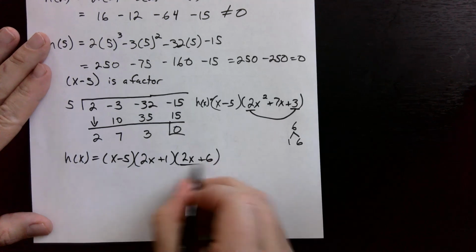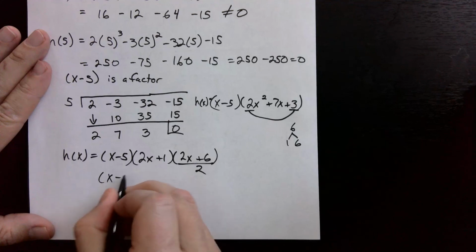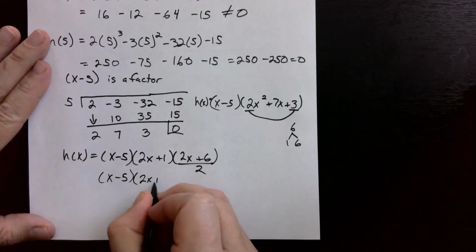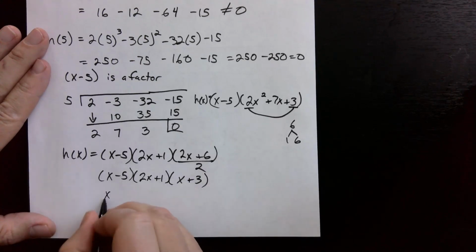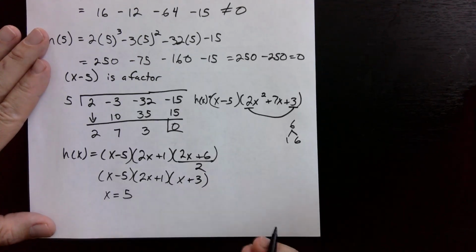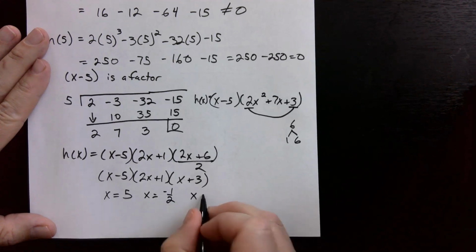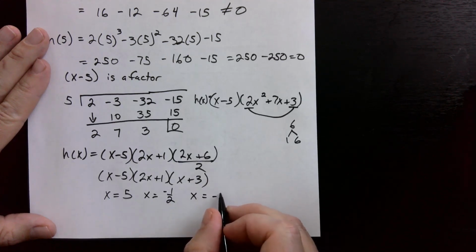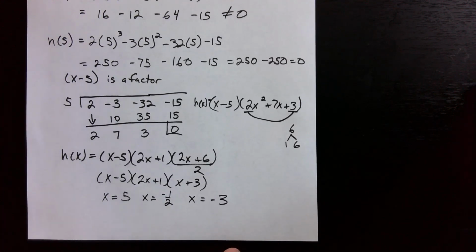We have to take care of this one. Divide them both by 2. So you get x minus 5, 2x plus 1, and x plus 3. These give you 0, so we're setting each one of them equal to 0. x equals 5, x equals negative half, and x equals negative 3. Okay, so those are the zeros, and that's how you find it.